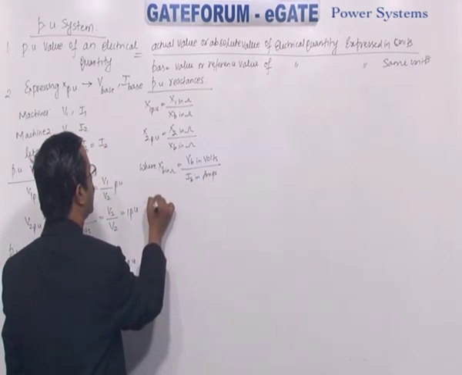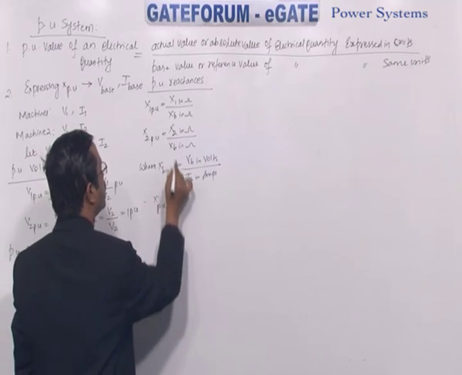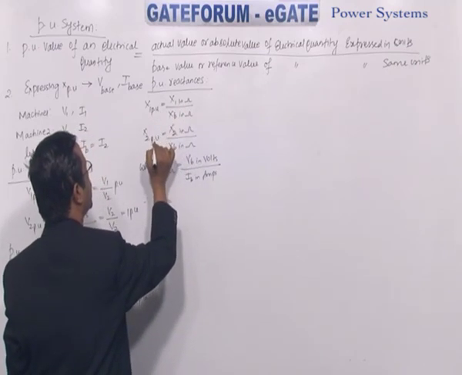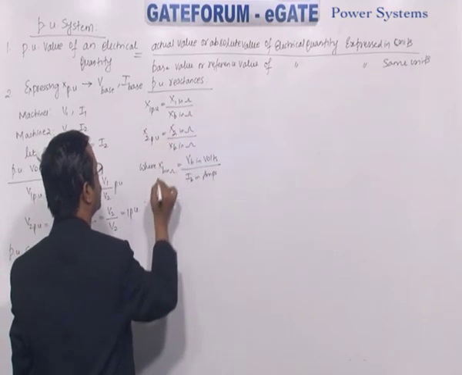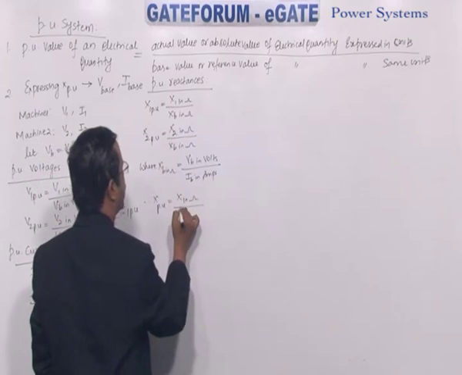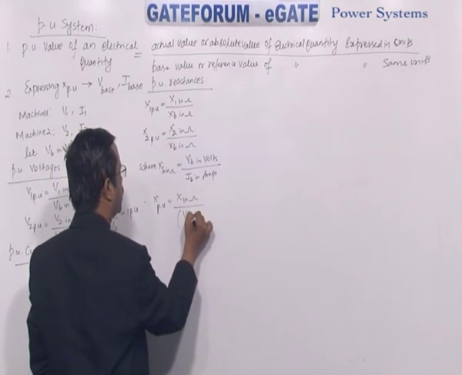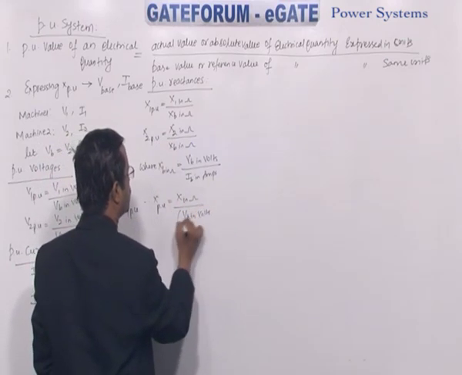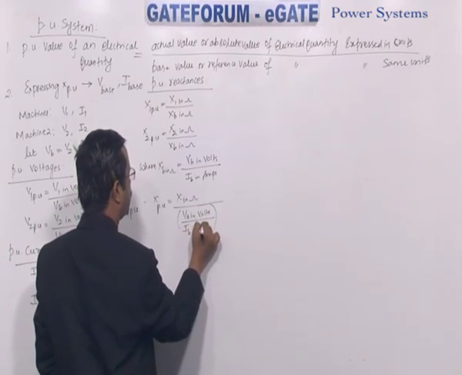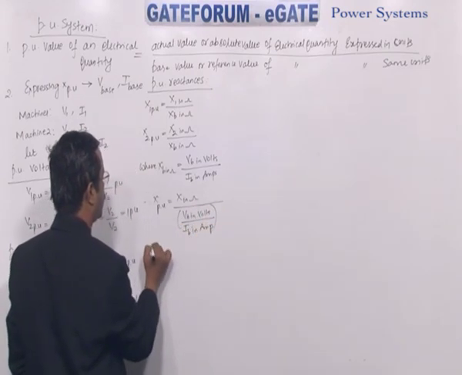So in general, how to write X per unit? X1 per unit is X1 in ohms, X2 per unit is X2 in ohms, X per unit is X measured in ohms divided by XB. How to write XB? The VB measured in volts divided by the IB measured in amperes.